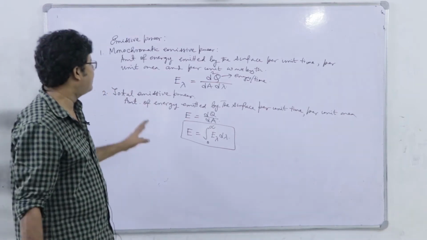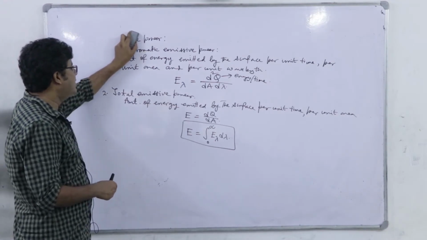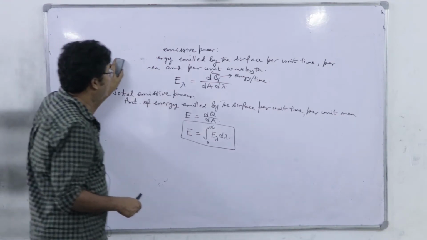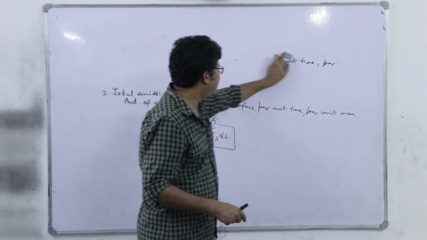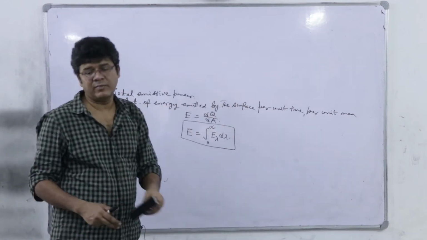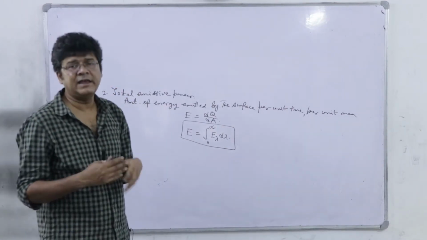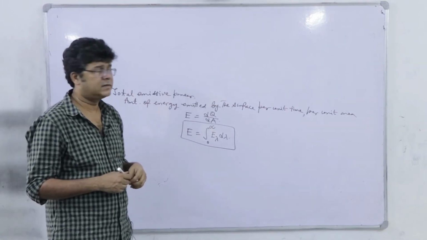Now, as I have mentioned, for a black body, this E lambda and E have been formalized long back using the idea of thermodynamics and quantum physics, right.